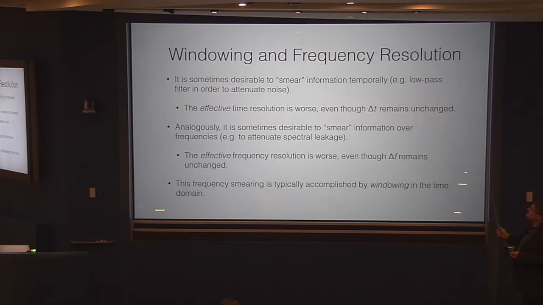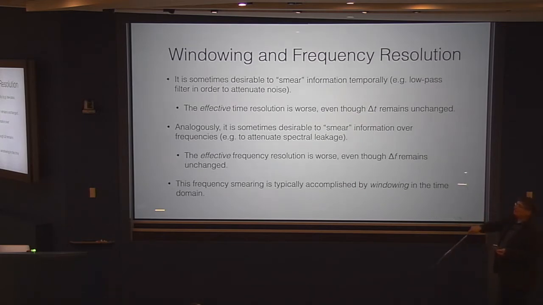So when you're smearing information like that, you're really changing your effective time resolution, even though your delta t is the same. You're losing access to things going on in time because of the smearing, but you're doing it deliberately because it's going to help your signal. So you get an effective time resolution that's worse, even though your delta t is the same.